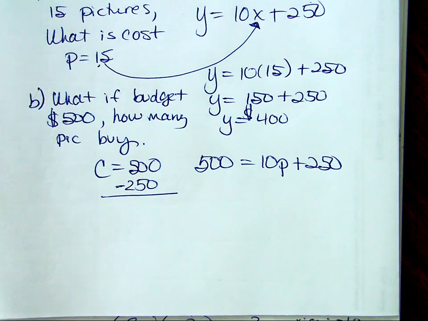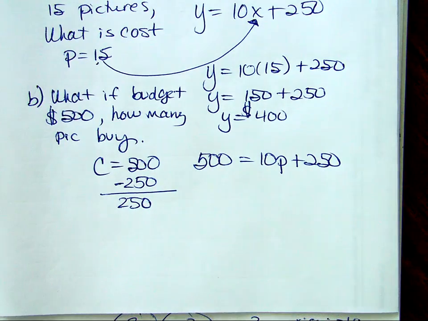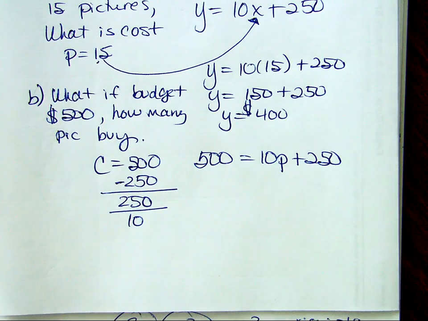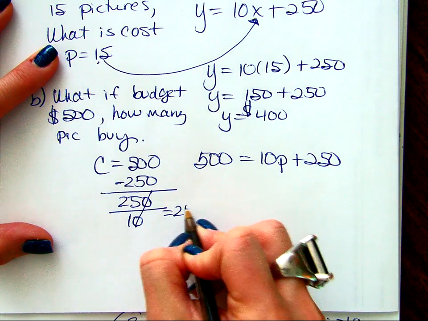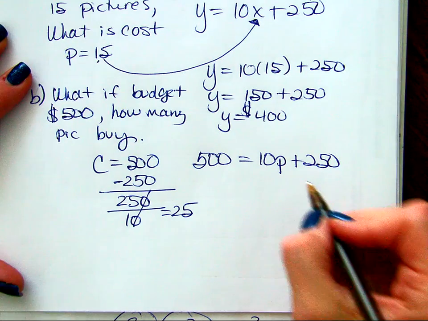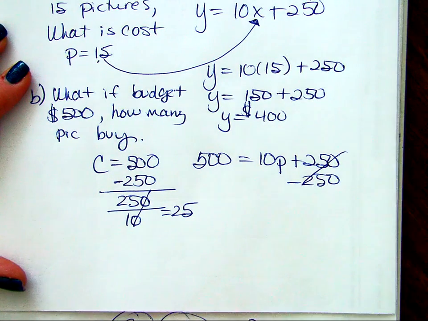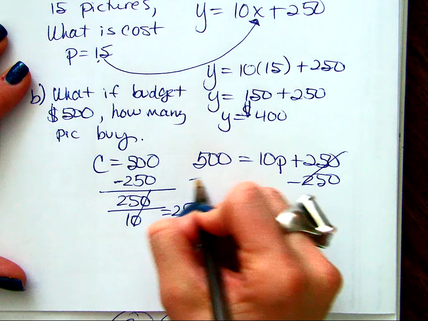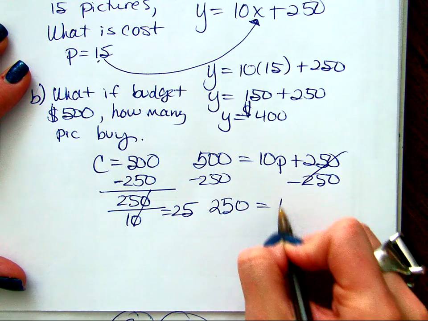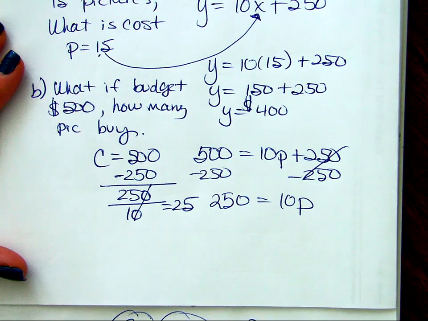Kids who have no idea how to solve equations can answer this question, because you know what they do? They would say, well, if I had 500, wouldn't I need to subtract 250 from it first? Because that's how much I have to give her before I even can get pictures taken. And now that I have 250 left, wouldn't I just divide that by the cost for one picture to see that I can buy that? You could do that in your head.